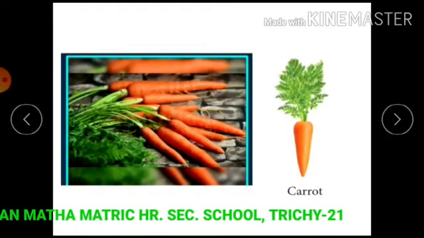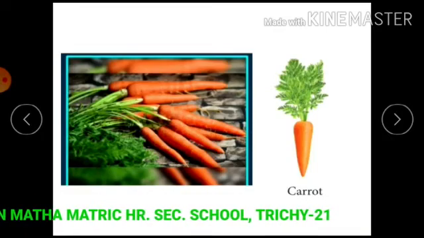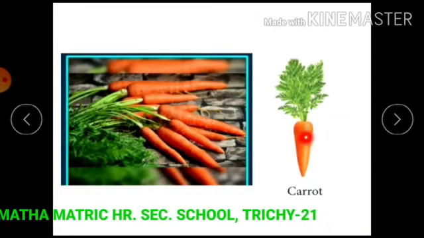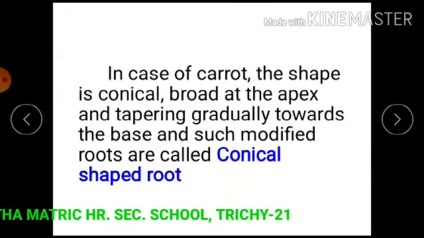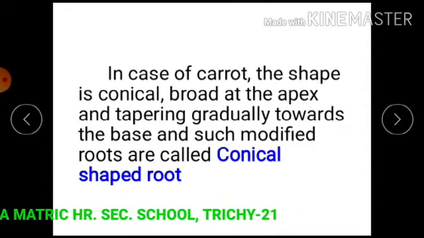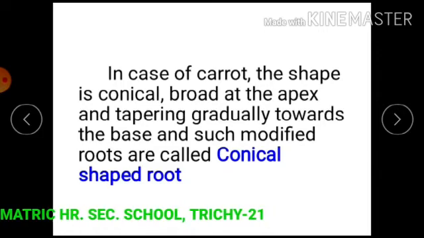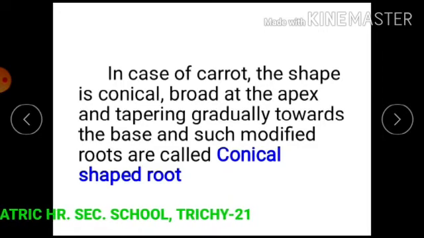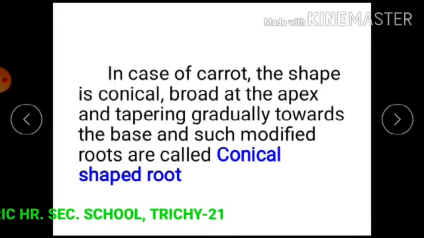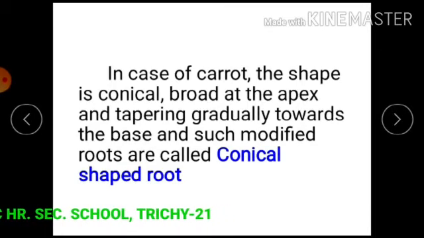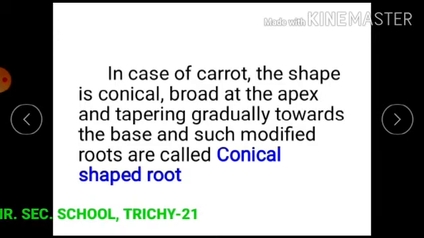In the case of carrot, the shape is conical, broad at the apex and tapering gradually towards the base, and such modified roots are called conical shaped root. Carrot is the example of conical shaped root.